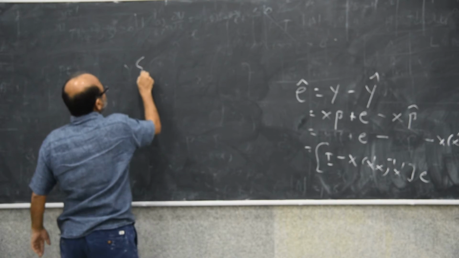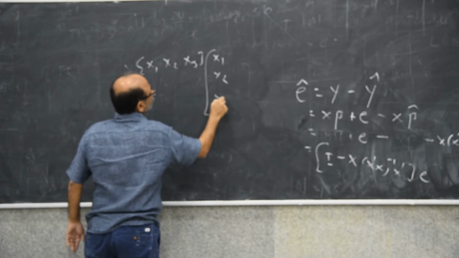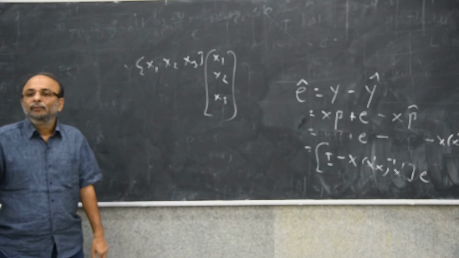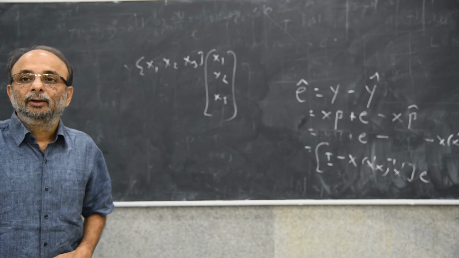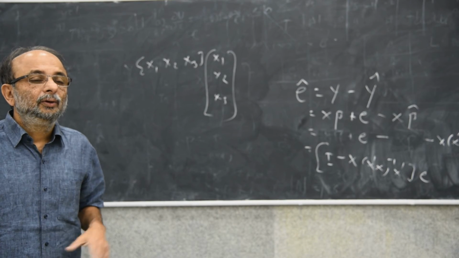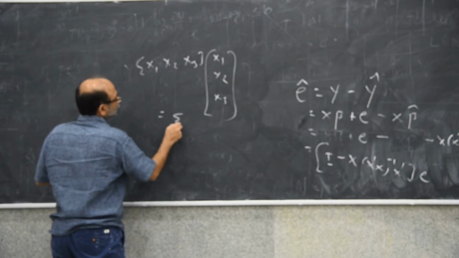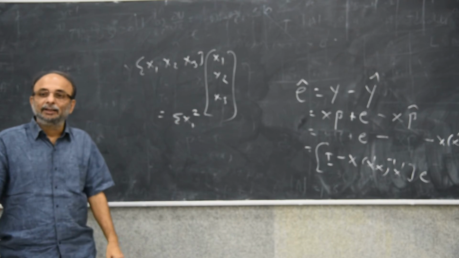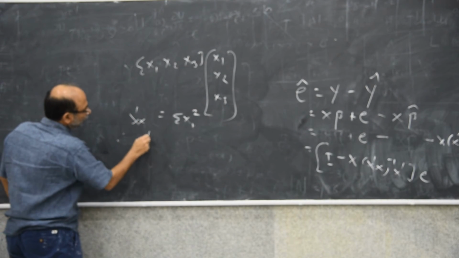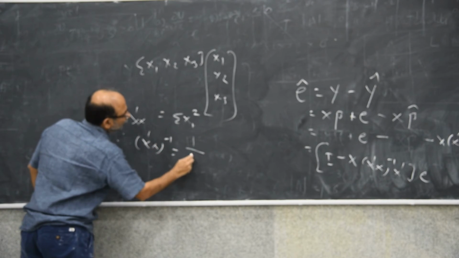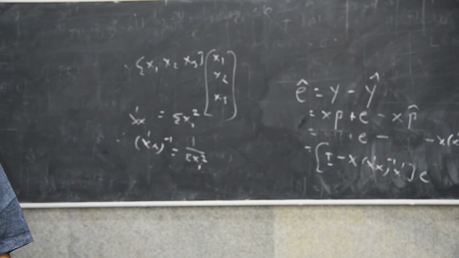x dash x is summation xi square. Therefore, x dash x inverse is equal to 1 upon summation xi square.